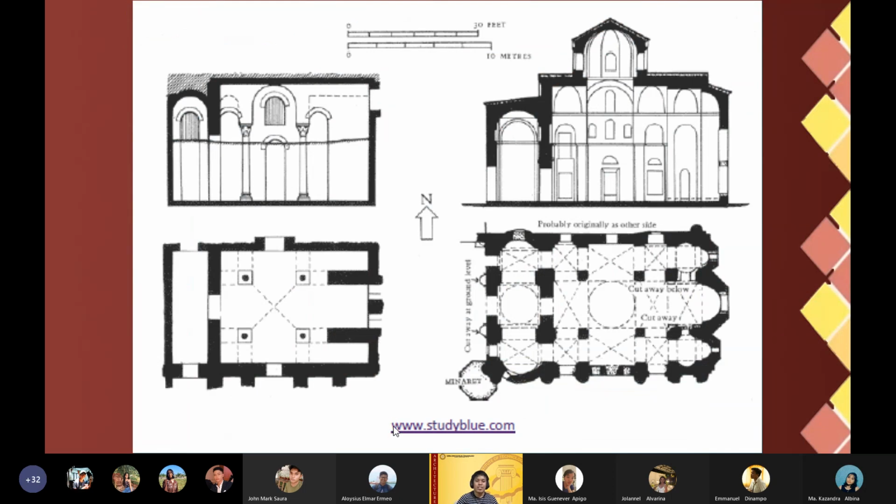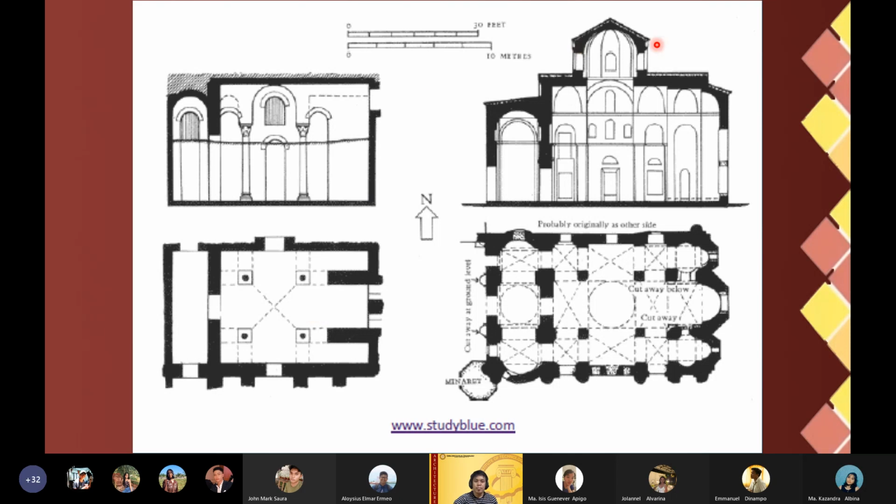So here, sectional views. So yung nga ni baliklas ang inyong buhaton sa inyong skis. You have a floor plan. You will draw it like this. Sketching lang, no? Sketching lang. Pen and ink. And draw the section. So you have to include the parts. So asa ang nave, asa ang narthex, asa ang apse, asa ang bema, transept, and so on and so forth.